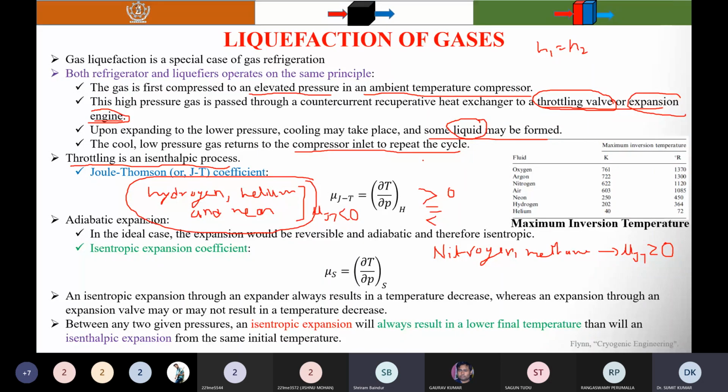Sir, I'm asking why would we use such gases if they are already heating up? Why won't we use something like nitrogen, which has a positive mu-JT value, if it is cooling?